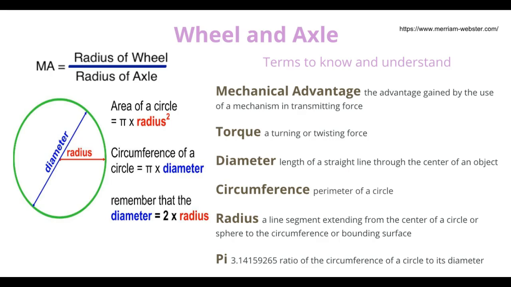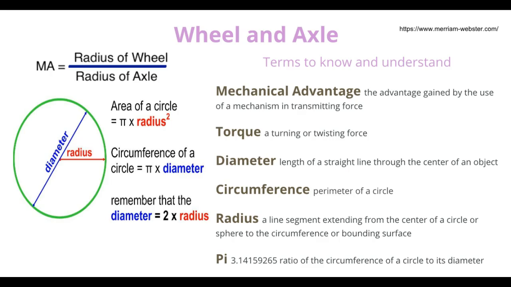Mechanical advantage is just as it states, the advantage gained by the use of a mechanism in transmitting force. So mechanical advantage doesn't decrease the amount of work that's being used, but it actually changes the level of force. So it makes the job easier. It's not changing what's required to get the job done, but it's making it easier for the user.